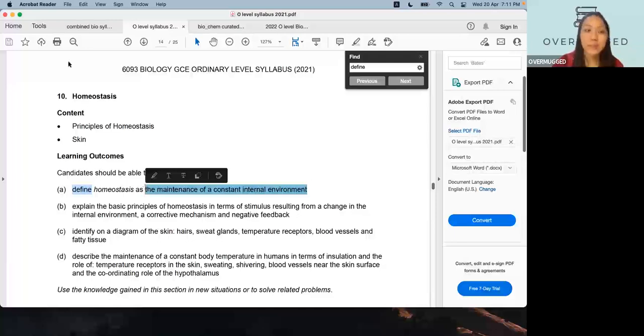Of course, as I mentioned in the slide, it's minimally what you need to know, because they can ask you more than just the questions that are here. They can ask you application questions, and that is where you use your content and apply it, right? But minimally, if you can answer all the questions in this syllabus document, it means you know your content and you at least get the content part right.